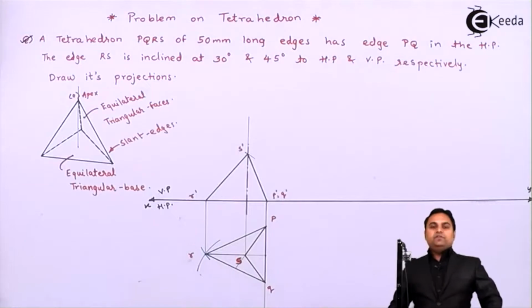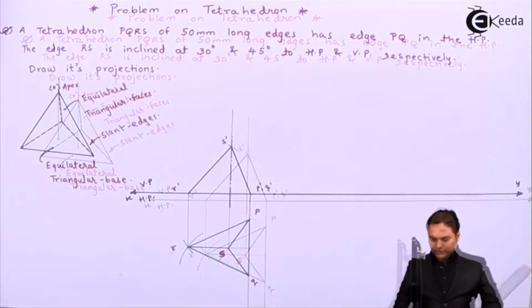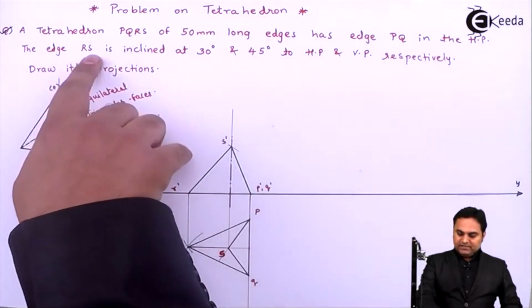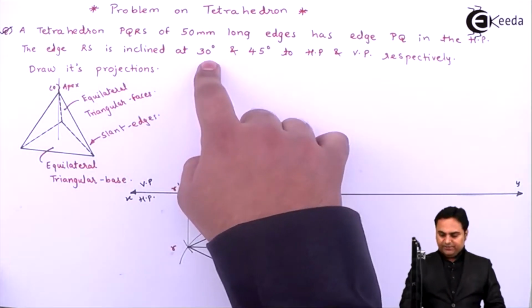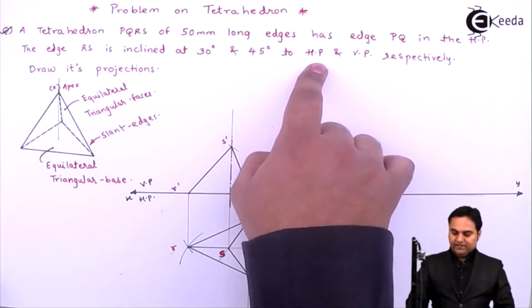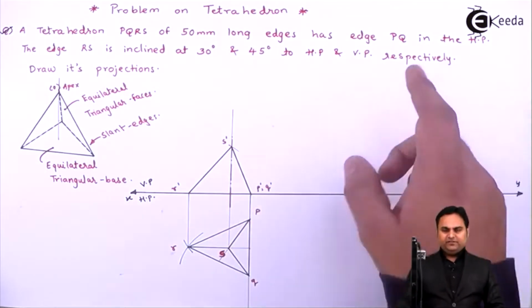Now I'll see what is given in this question. So now I'll read the condition. The edge RS is inclined at 30 degree and 45 degree to HP and VP respectively.